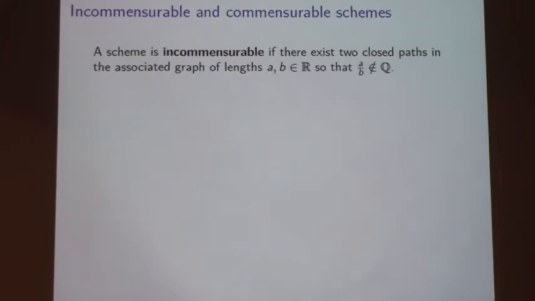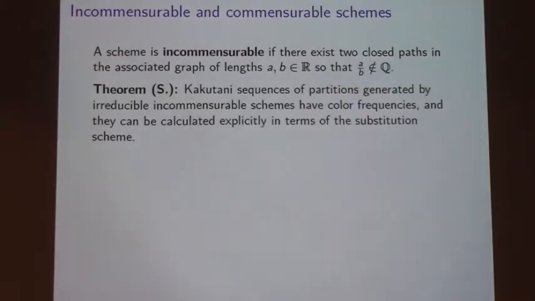So if you think about a classical graph that's not weighted, and you say that every edge is of length 1, then obviously all closed paths have integer lengths, and all ratios are rational. But this is not the case in a general directed weighted graph.